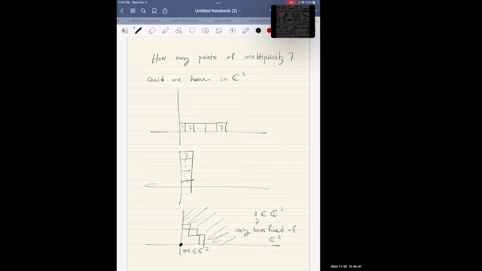Anything else inside C squared, by the action and dilation of the torus, moves around. If I pick a point in here and I act on it by the torus, it moves around because it's a weighted space, and these lattice points give me where the point is based on the weight of the torus that acts on it. But the origin doesn't. So any finite box configuration which is supported on the origin, meaning it's in the very corner of this diagram, is actually a torus fixed point of C2, you see?